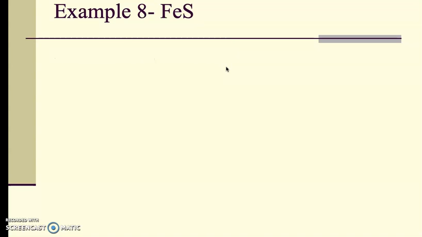And the last one like this is this one here, FeS. Fe and S. We uncriss-cross. There's a 1 and a 1, so they both get 1s. Uh-oh, sulfur is in group 6A.